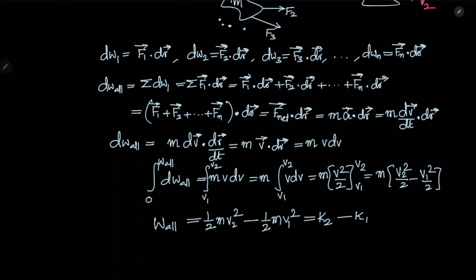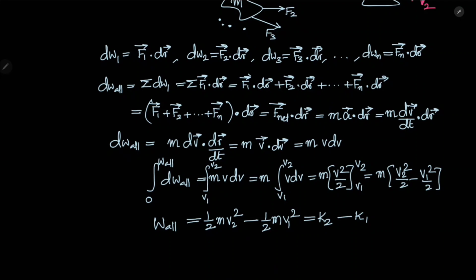So half mv2 square is the energy of the system when its speed is v2, and half mv1 square is the energy of the system when its speed is v1. Because LHS is work done, so there is a mode of energy transfer. So there's a kind of energy transfer to the system, and that energy transferred is given in the RHS in the format of half mv2 square minus half mv1 square.